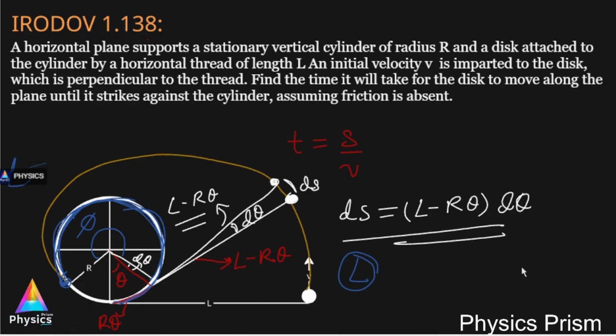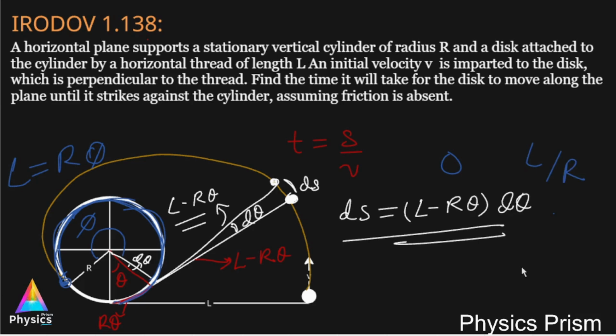So if that is R phi, then our initial theta must start at 0 and end at R phi. No, not that, L by R. Yeah, L by R, because phi is L by R.